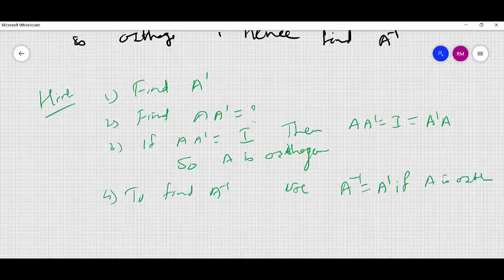So we get A inverse equal to, for this problem, 1/9 times: minus 8, the first row becomes the first column, means minus 8 4 1. The second row becomes the second column, 1 4 minus 8. The third row becomes the third column, 4 7 4. In this way we have to solve this problem.